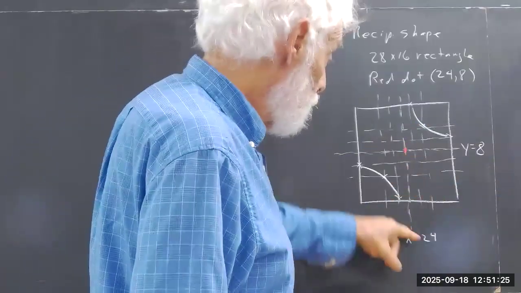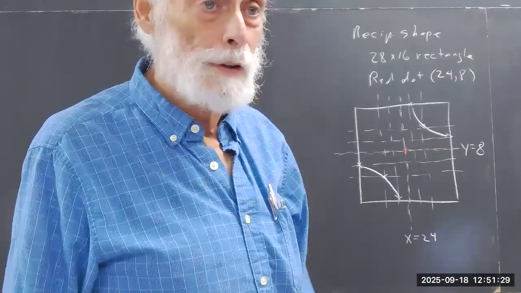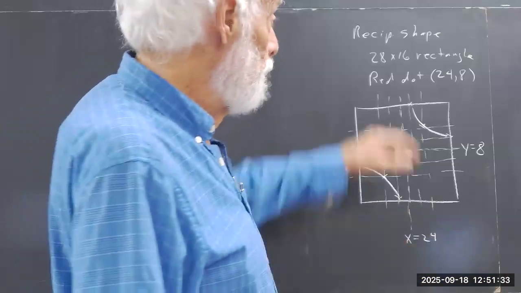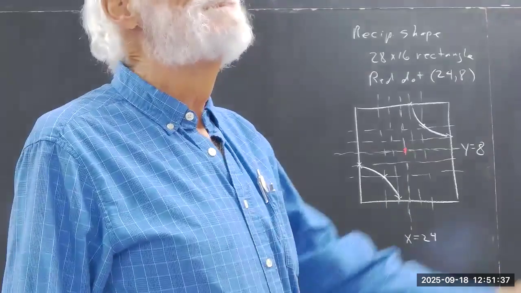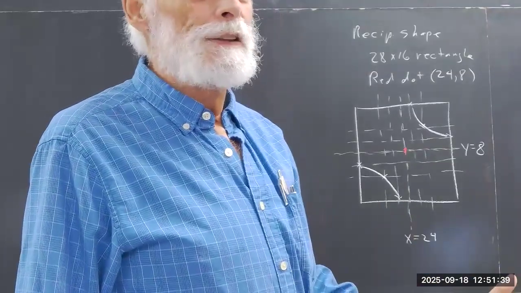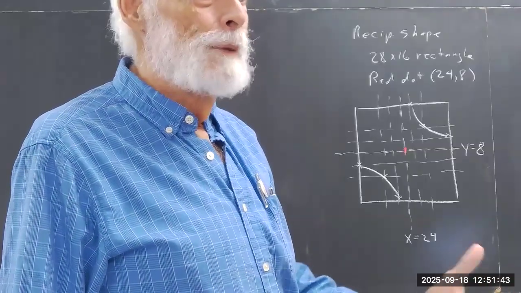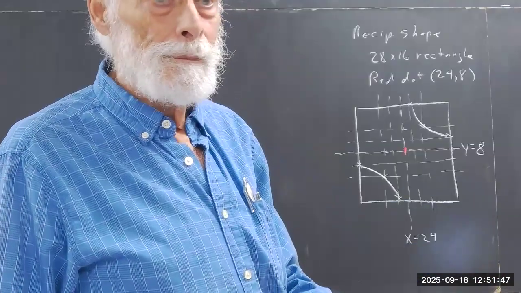H is the X coordinate, in this case 24. Y is the Y coordinate at that point. K would be 8. Okay? HK is 24, 8. And we've seen that, but haven't emphasized it to the extent that I would necessarily expect everybody to remember it. But if you're paying careful attention to detail, you would have noted that.